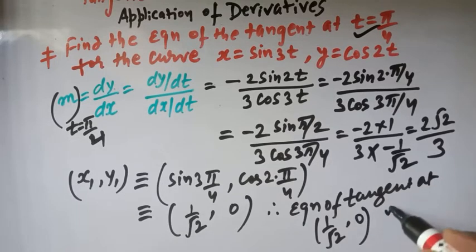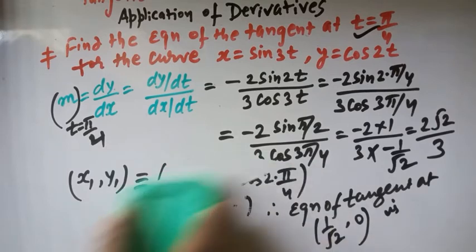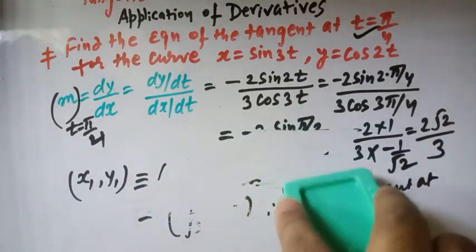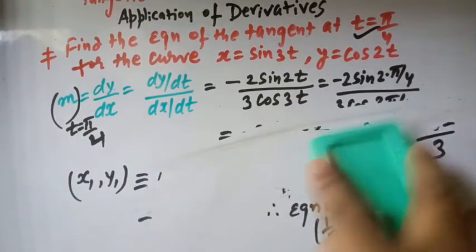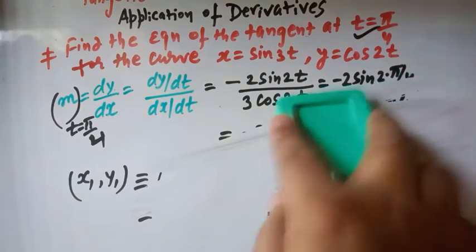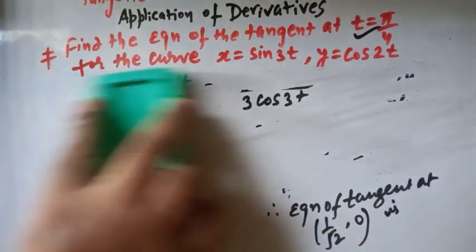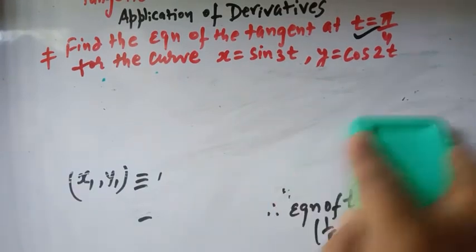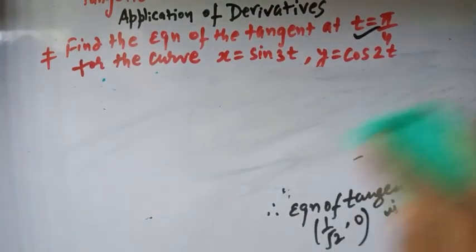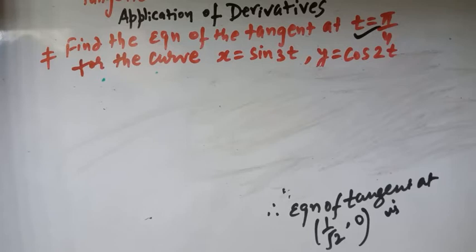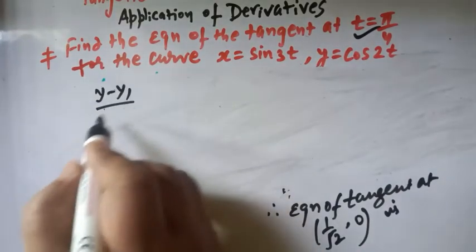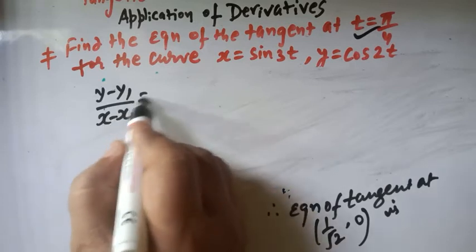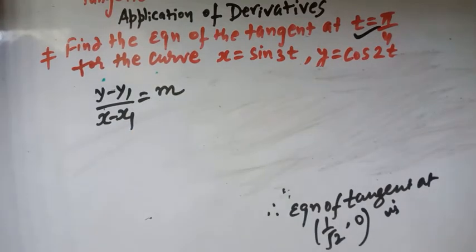0, is given by, okay. So the equation of tangent at this point is y minus y1 over x minus x1 is equal to the slope.